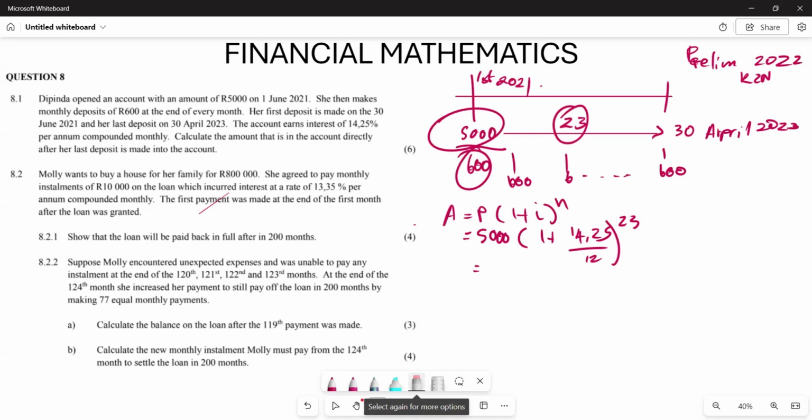Let's just check. 5,000 into 1 plus 0,1425, remember this is a percentage, so 14.25% is written as 0,1425, over 12, to the power of 23 payments.